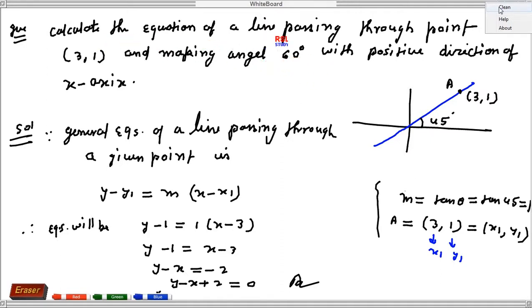They calculate the equation of a line passing through point 3,1 and making an angle with the positive direction of the x-axis. So here is 45, but you should take 60 and solve the question by taking 60 as homework. That's all.